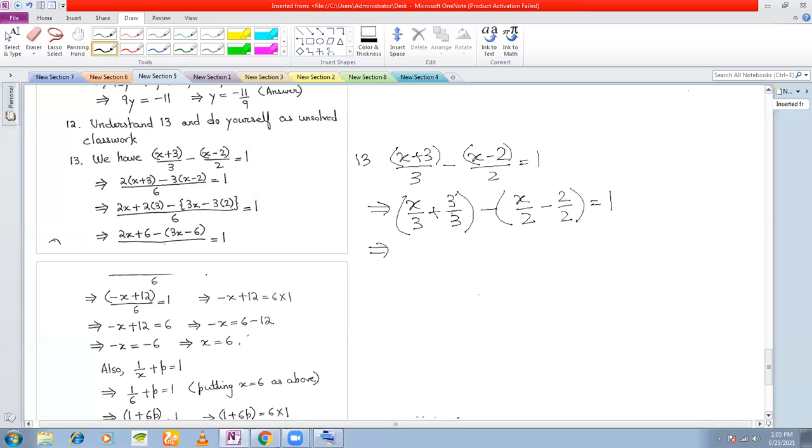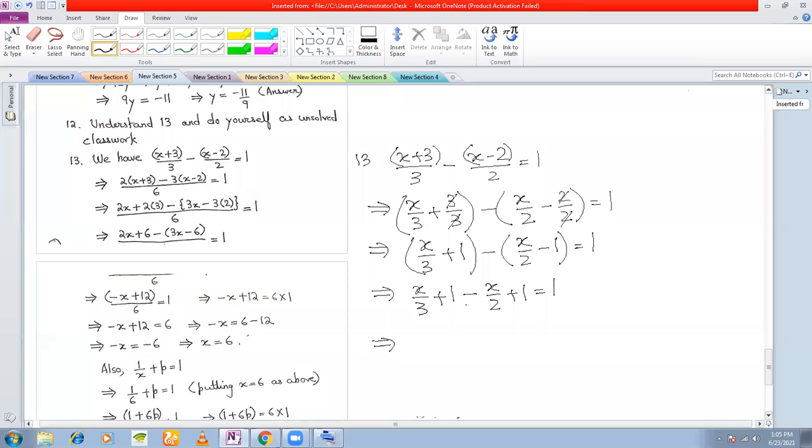So what happens here? This 3 cancels. Here this 2 cancels. So you're left with x/3 plus 1 minus, and here you have x/2 minus 1 is equal to 1. Now you open the brackets. x/3 plus 1 minus x/2 plus 1 is equal to 1.